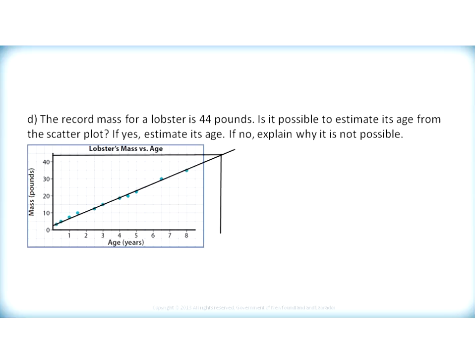So what this is telling me is that based on the graph that I'm currently given, it wouldn't be possible to estimate its age. Oh, once again, gotta get a pen.